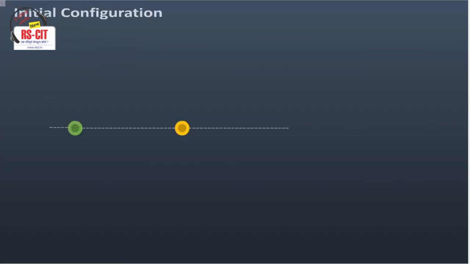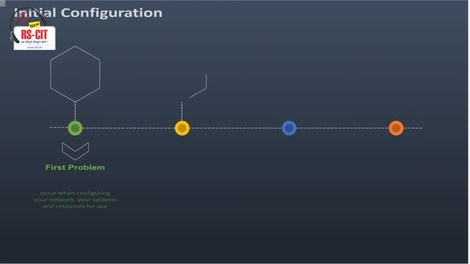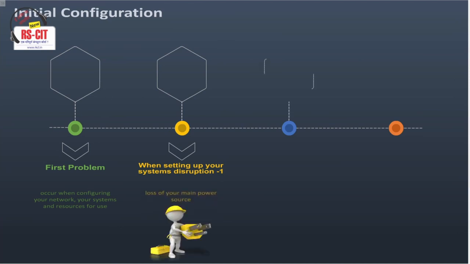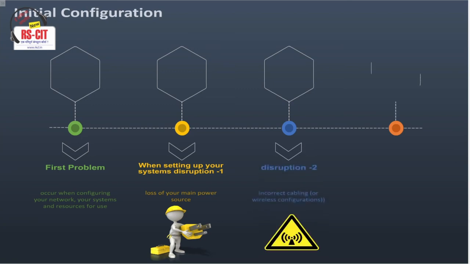Initial configuration. The first problem that comes to mind is glitches that occur when configuring your network, your systems, and resources for use. There are many components to a typical network, and as size and use grows, so do its complexities and the possibility for problems to arise.